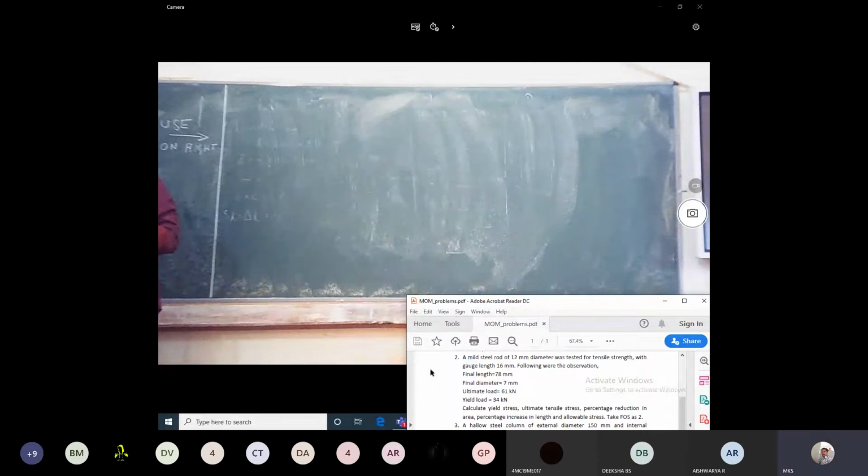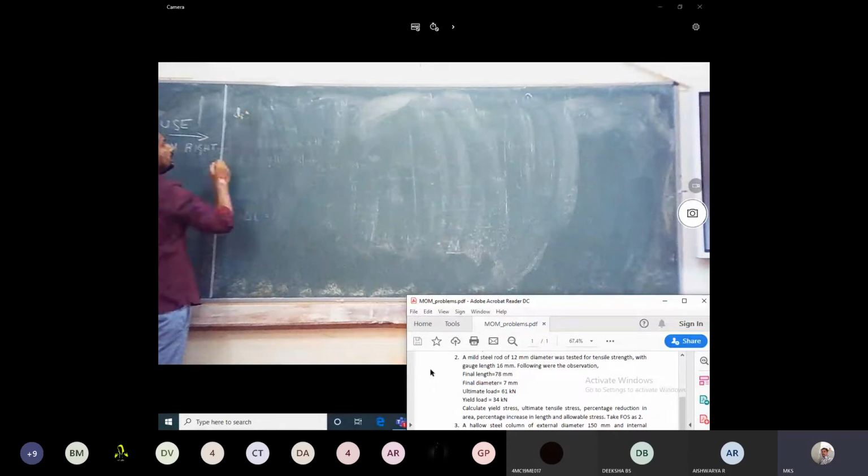The first thing is they are given a mild steel rod of 12 mm, same thing, just like a tensile test. So a tensile test is conducted on a mild steel rod of 12 mm diameter with a gauge length of 16 mm. So they are given the diameter of the rod. We'll take it as initial and final. So we'll take it as di.